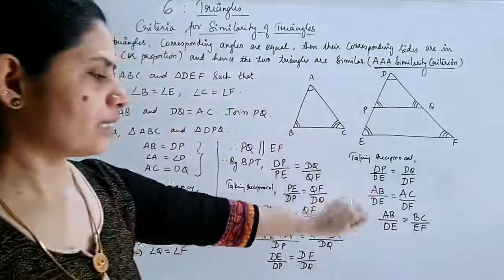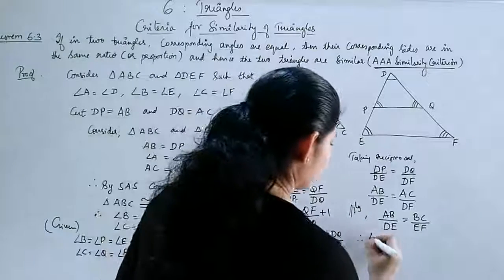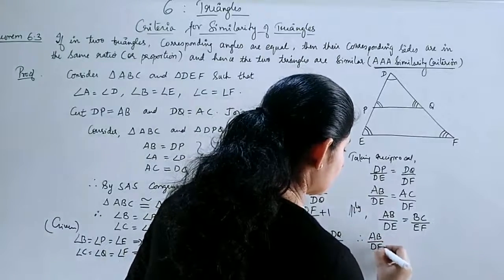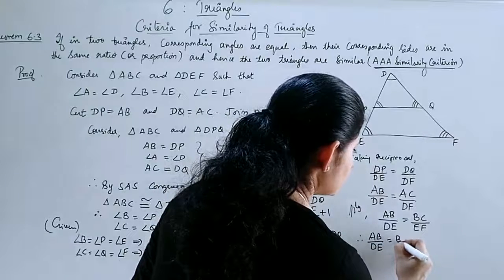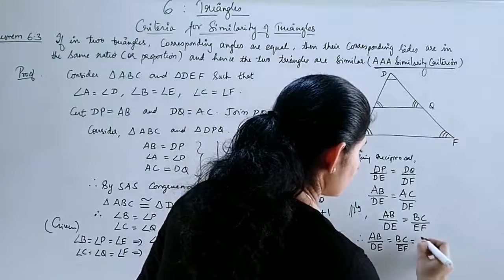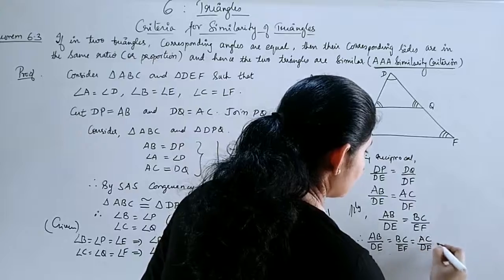So from these two we can combine and say that therefore AB by DE is equal to BC by EF is equal to AC by DF.